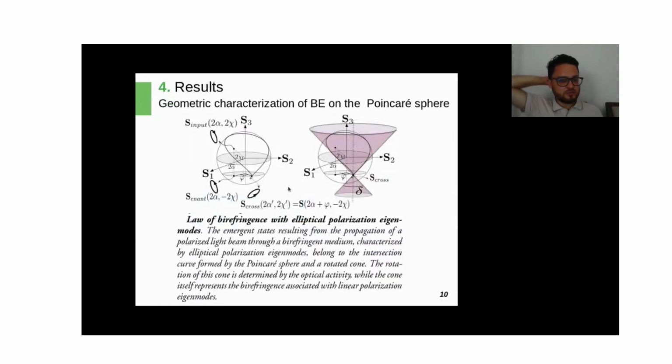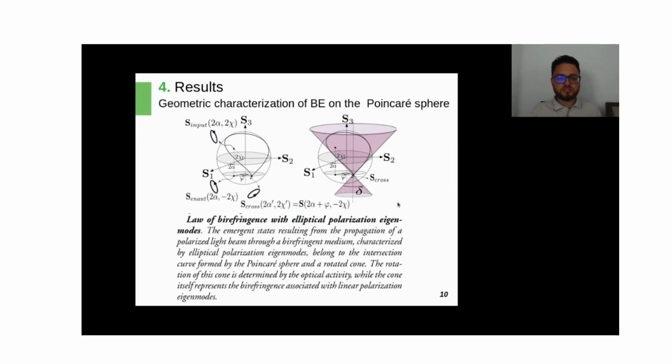The first result that we obtain is an analytical characterization for any birefringence with elliptical eigenmodes on the Poincare sphere. We obtain that the input state describes the geometric form of the cone, and we obtain the full analytical formulation for any birefringence with elliptical eigenmodes.